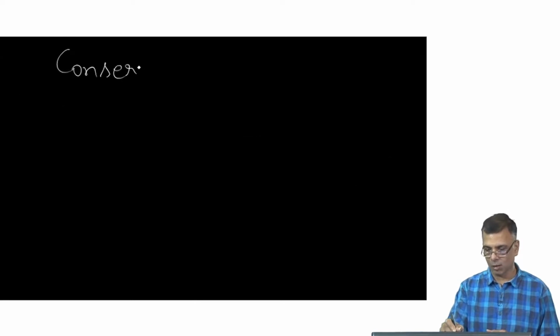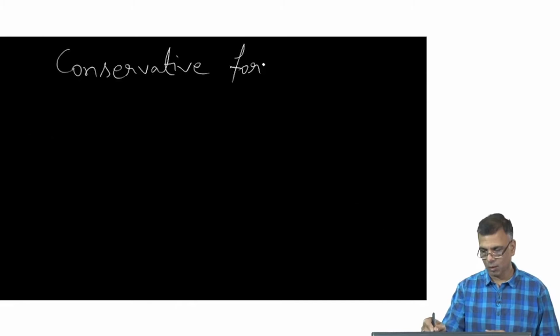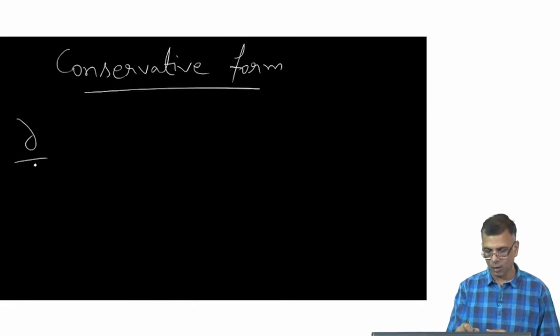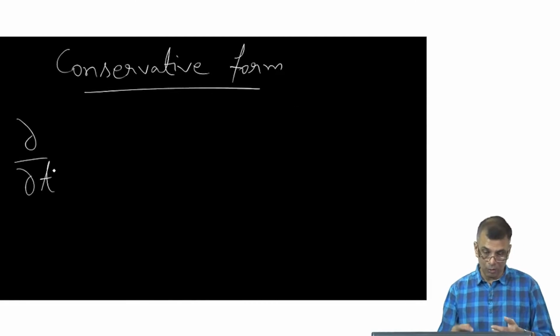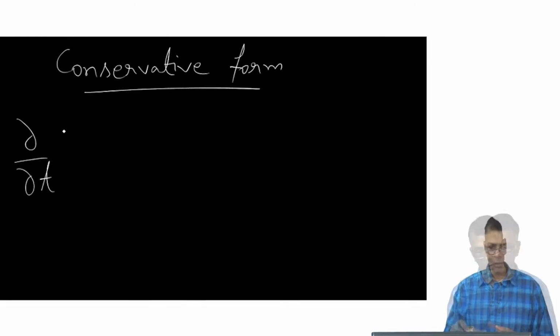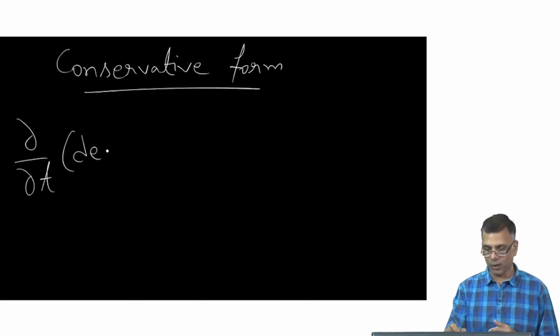What we will do today is try to write down an energy equation in the conservative form, just like we've written down the other equations in conservative form: mass conservation, momentum conservation, and so on. So before that, just to recap, the conservative form of writing any conservation equation is the partial time derivative, which means that the moment you see these partial time derivatives, you are in the lab frame, of the density of whatever quantity you're talking about.